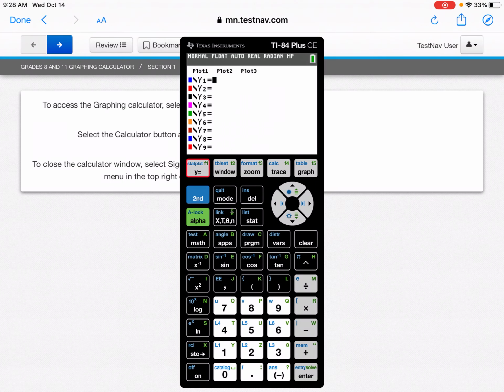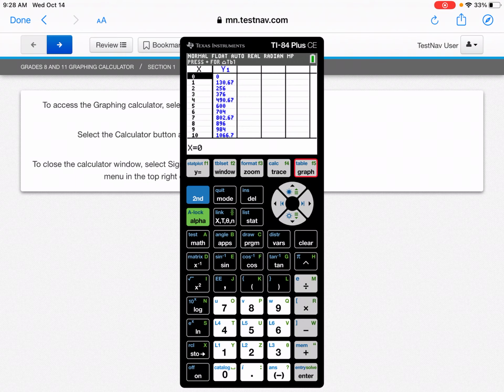I'm going to type this into my graphing calculator, negative 8/3 x squared plus, what was the other number? 400 thirds x. And then you can go to table, second graph is the table, and you can see, here's our table of values.